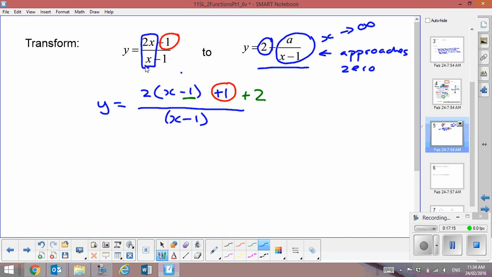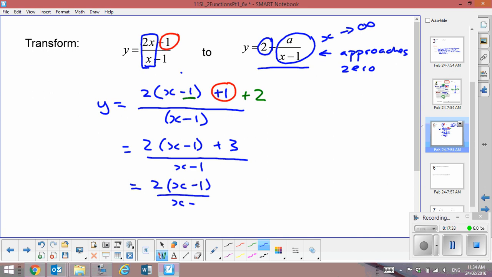So we can't change the equation. Our equation now looks like 2x minus 1 plus 3 over x minus 1. We can now separate that into 2 fractions: 2x minus 1 over x minus 1 plus 3 over x minus 1.